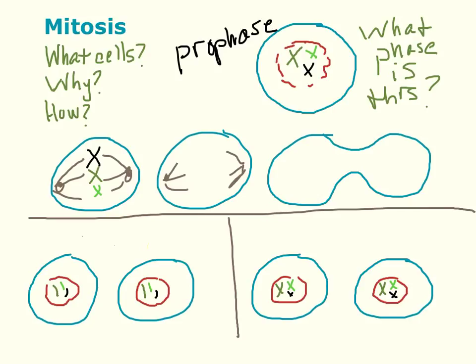Here's where you can really get a sense of what they would look like being pulled apart in anaphase. And you can now start to guess what things would look like in the finished product if you couldn't see it right away.